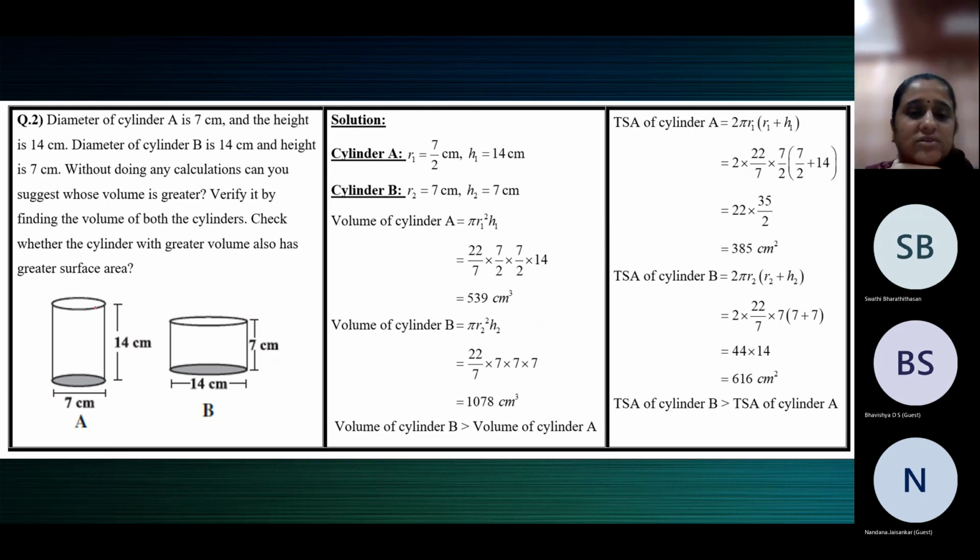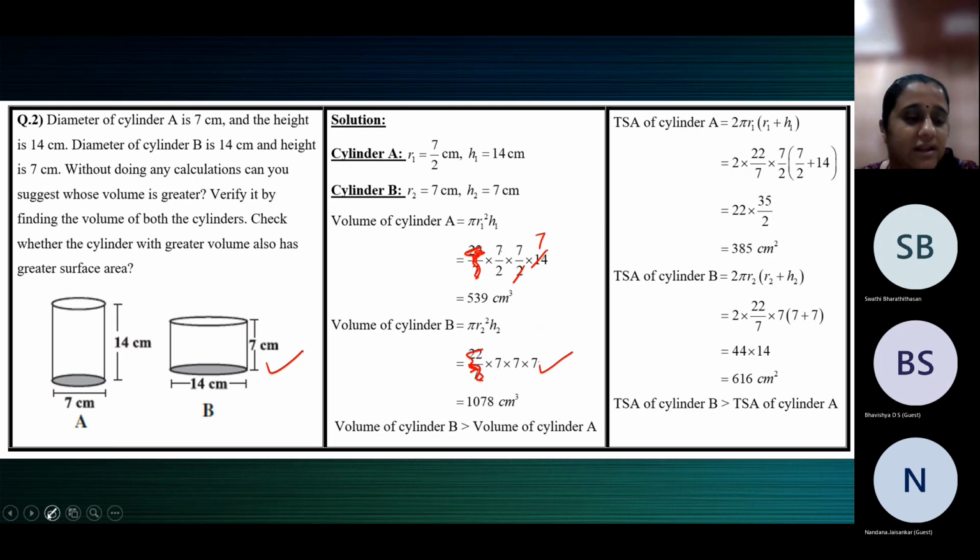What do you get for r square h? Just take out pi and do r square h. 2 ones are 2, 2 sevens are 14. So this is 7 into 7 into 7 by 2, but this is 7 into 7 into 7. So this volume will be greater.